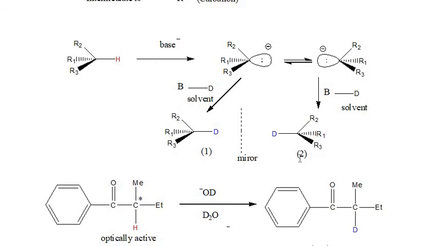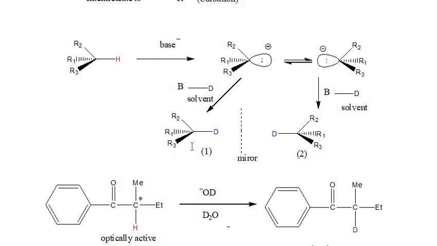Structure 1 and structure 2 are individually optically active compounds, and we can see structure 1 is the mirror image of structure 2. If R1, R2 and R3 are different groups, compound 1 is optically active. Similarly, compound 2 is also optically active.